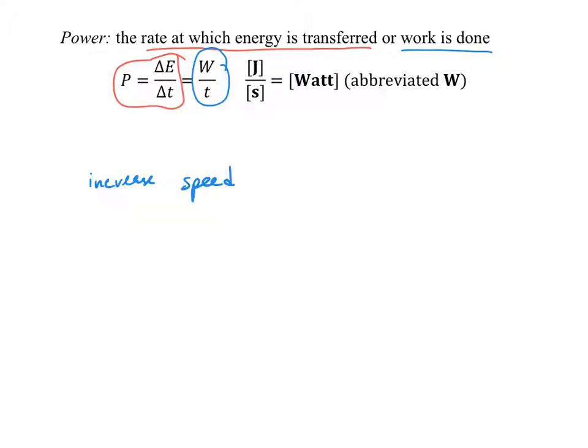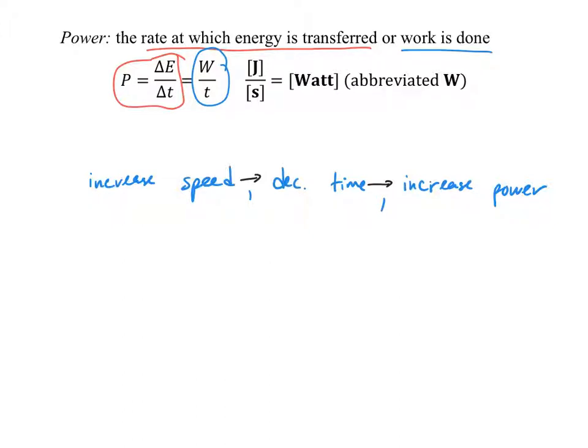All right, so an increase in speed causes a decrease in time, and a decrease in time causes an increase in power. I've used arrows in the past to show implying things. An increase in speed really means that you're doing something faster, which means it's taking you less time.